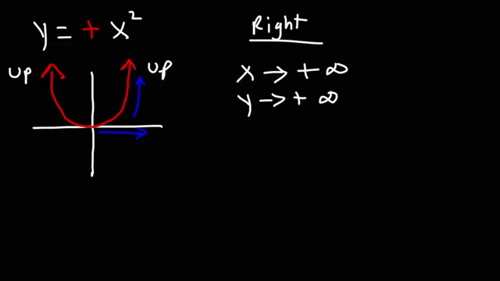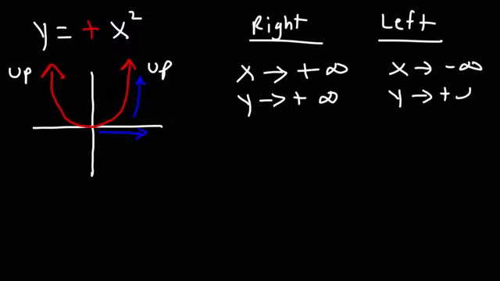You're going up towards positive infinity on the y-axis. Now the end behavior for this graph on the left, as x approaches negative infinity, y approaches positive infinity. As we go to the left, we can see the y values are increasing. So this is another way in which you can describe the end behavior of that graph.